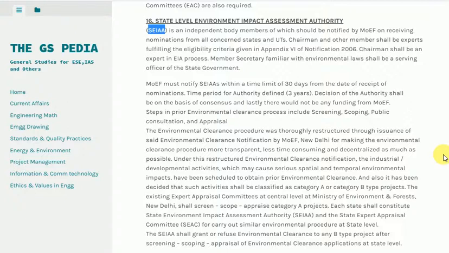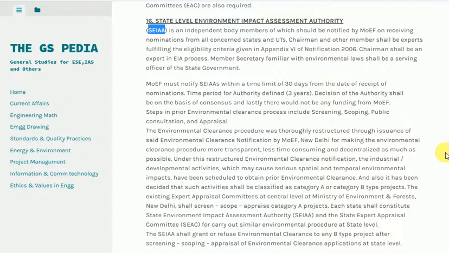And also it has been decided that such activities shall be classified as Category A or Category B type projects. The existing expert appraisal committees at central level at Ministry of Environment Forests, New Delhi, shall screen, scope, appraise Category A projects.